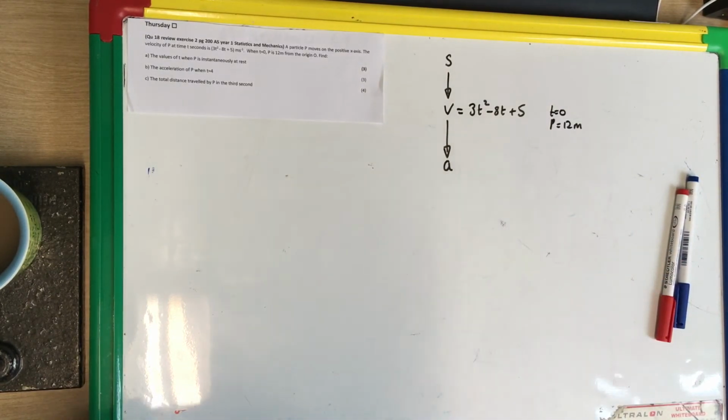So it has a time, okay. The values of t when P is instantaneously at rest, it's when v is equal to 0, isn't it?